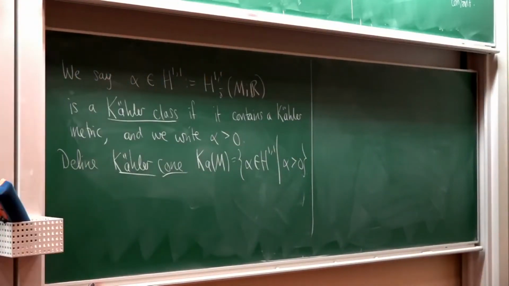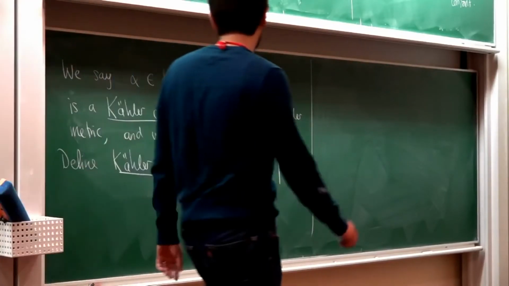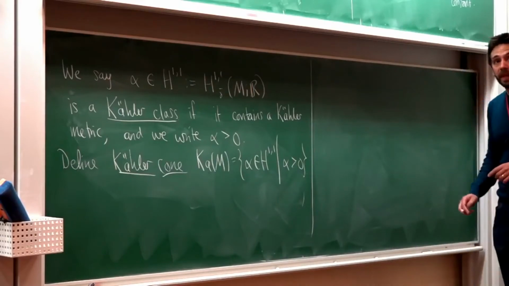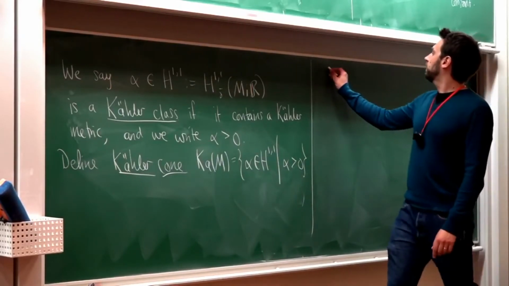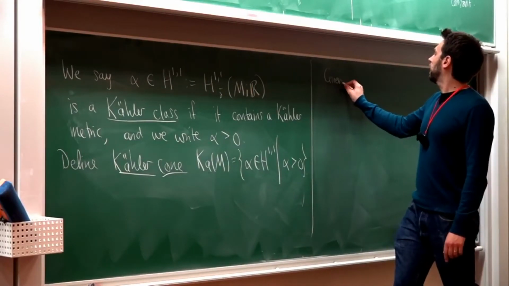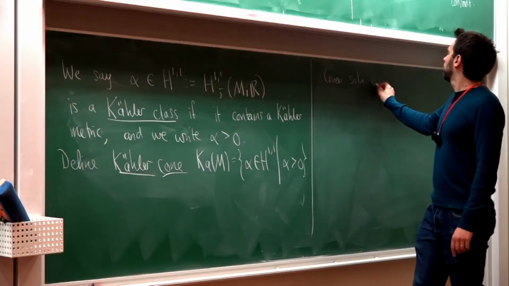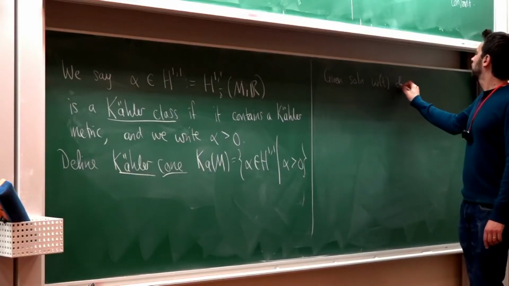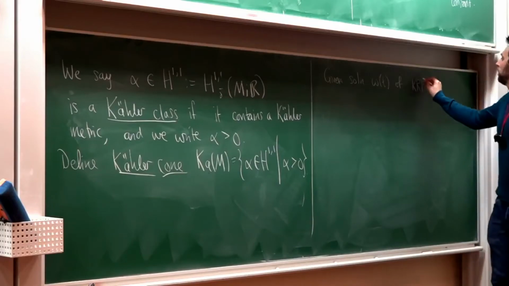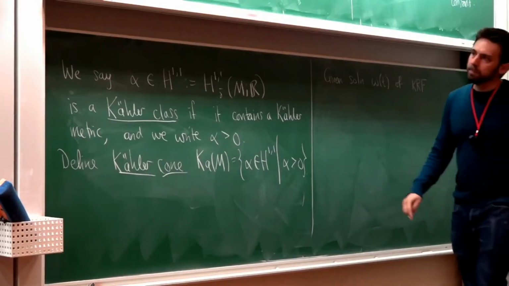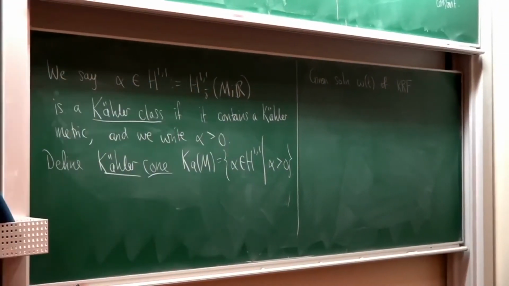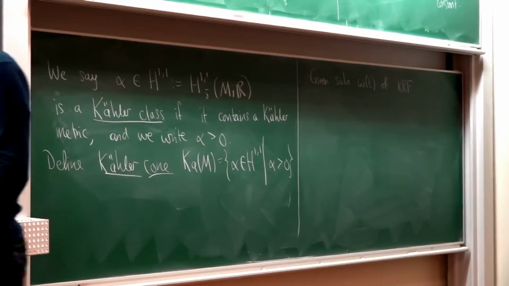So let's now go back and look at the Kähler Ricci flow. Given a solution omega t of the Kähler Ricci flow, let's write star here.